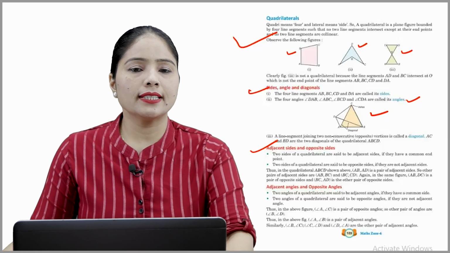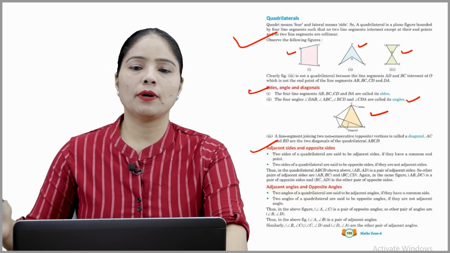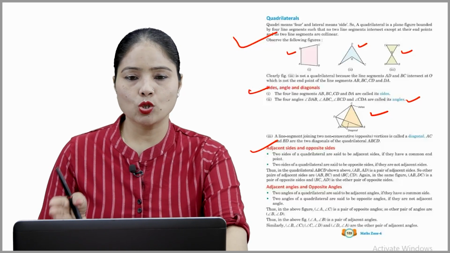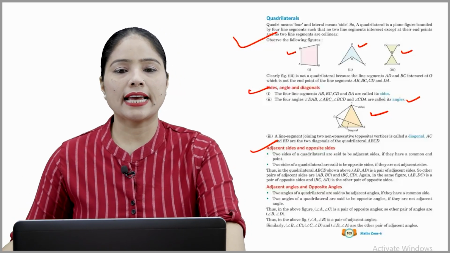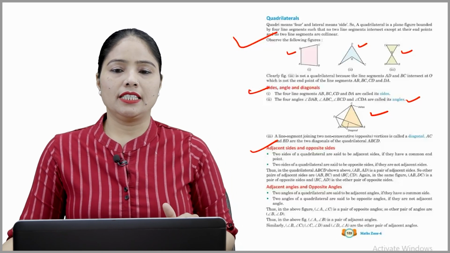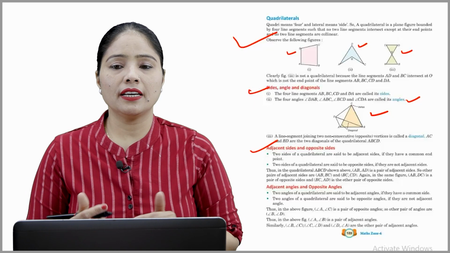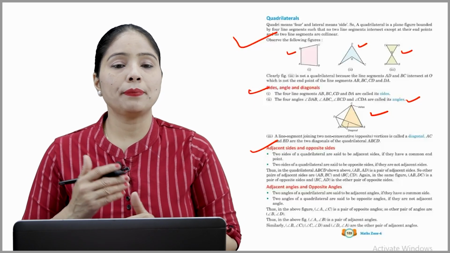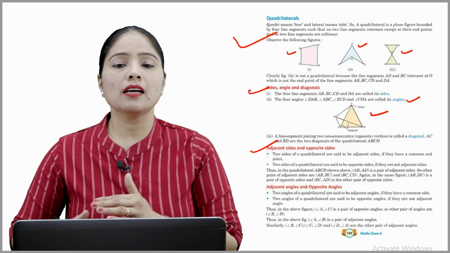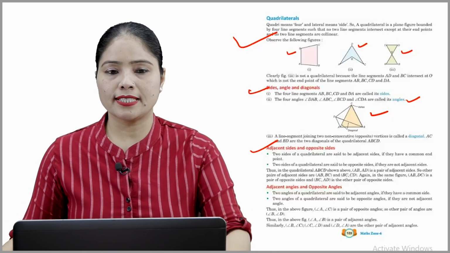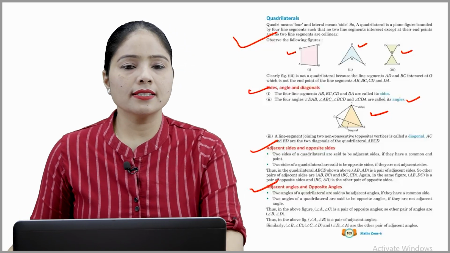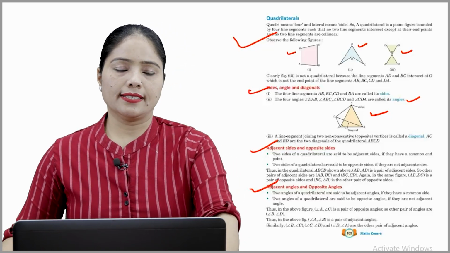Thus, in the quadrilateral ABCD shown above, AB and AD is a pair of adjacent sides, and other pairs of adjacent sides are AB, BC and BC, CD. Again, in the same figure, AB, DC is a pair of opposite sides and BC, AD is the other pair of opposite sides.